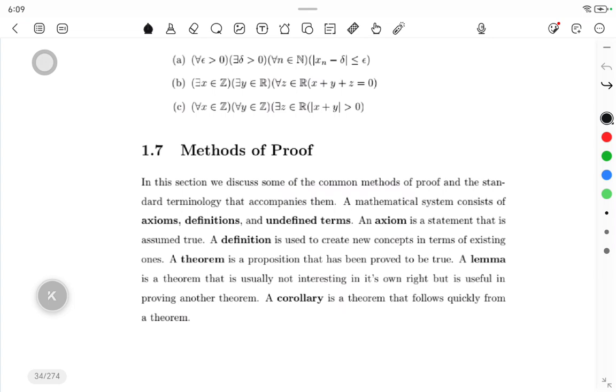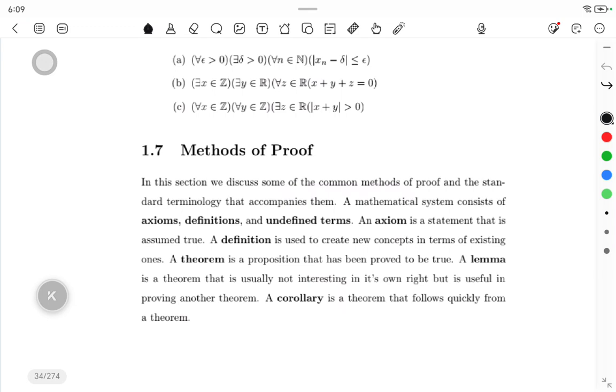Now, when it comes to a definition, they say that a definition is used to create new concepts in terms of existing ones. Now we come to a theorem. They say that a theorem is a proposition that has been proven to be true. And a lemma is a theorem that is usually not interesting in its own right, but is useful in proving another theorem.